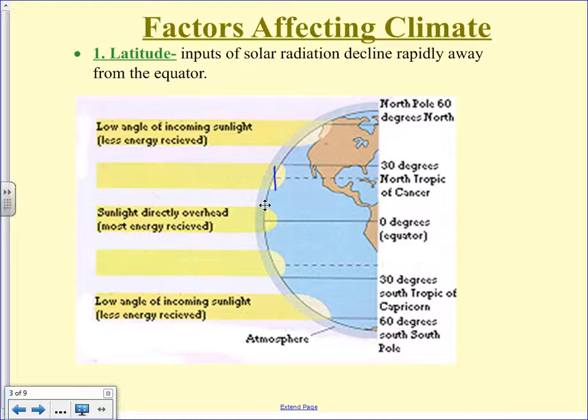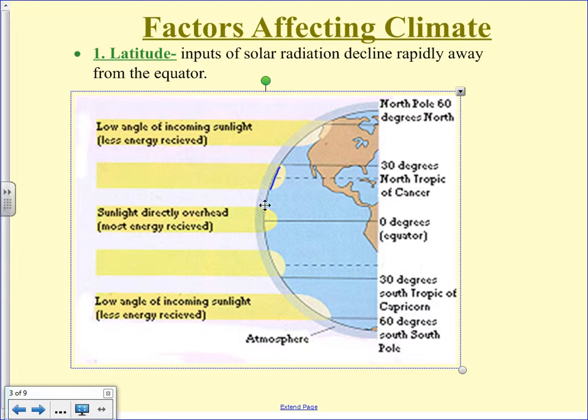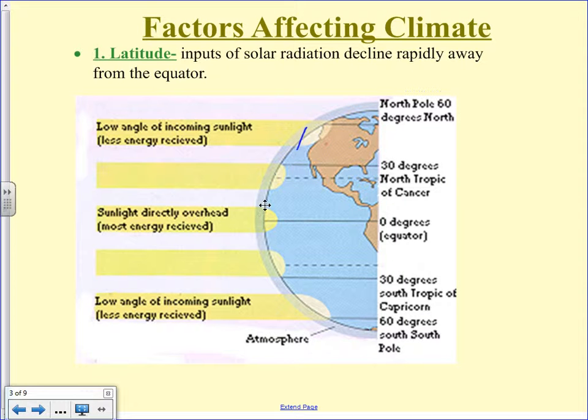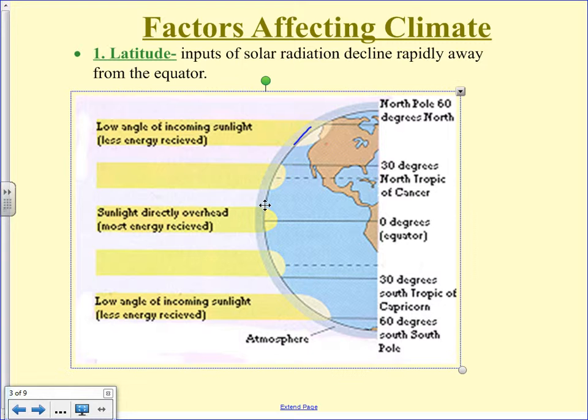Now, if I move that up to here, that same amount of sunshine is covering a bigger area. My line doesn't get from the top to the bottom there, does it? And if I go even further, up to here, it's quite a bit less. And unfortunately, that's where we live.